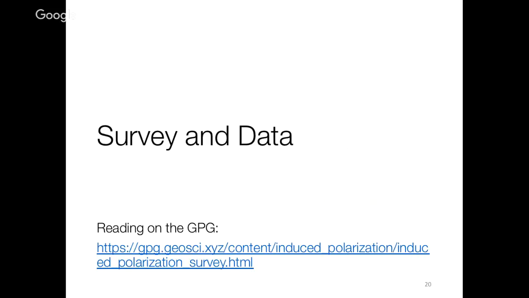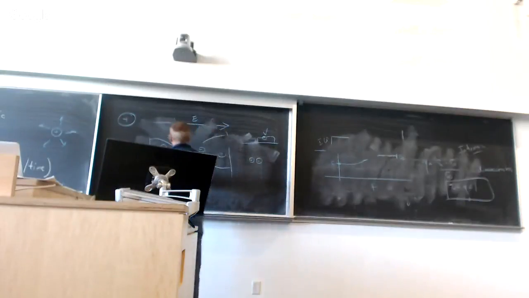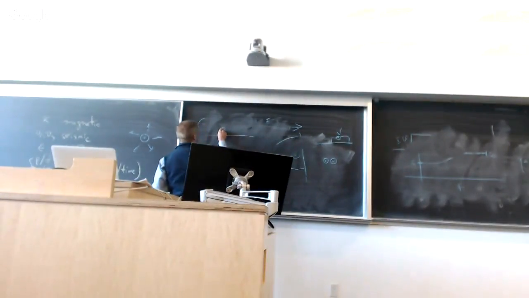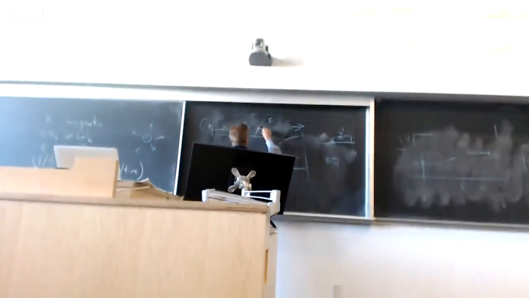So let me show you now how all this is going to work out in practice. The IP data are acquired at exactly the same time as the DC resistivity, right? Because you can see it's the same parameter. So here's our A, here's our B, here's our M, here's our N. Here we're going to measure the voltage.